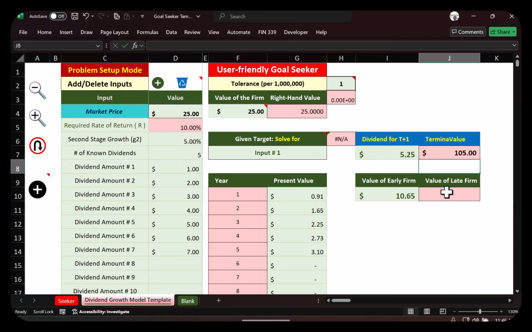That's the terminal value. If I know the terminal value, all I have to do is discount that for 3 years. That gets me the second stage. Take the terminal value, divide that by 1 plus the discount rate raised to the power number of known dividends.